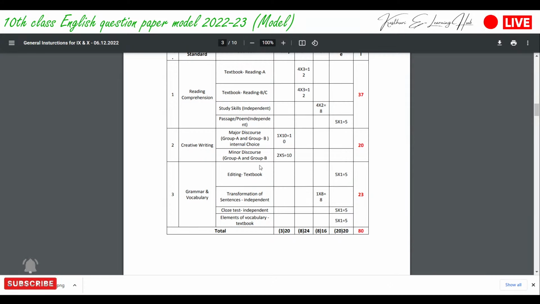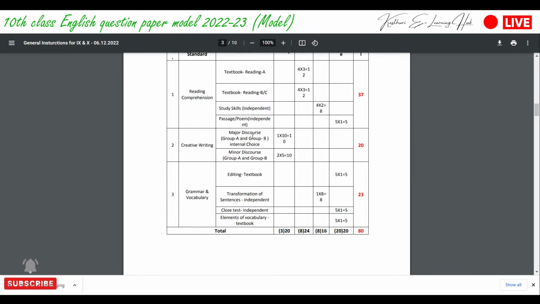Creative writing, if you see here, major discourse, I have already made a video on that. Major discourse is for 10 marks. In that tabular column you have group A and group B. Group A is from the textbook, questions are asked from the textbook.